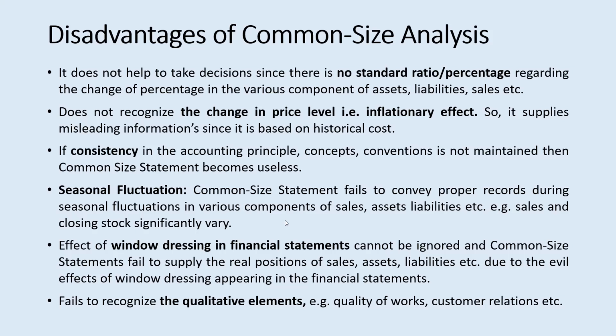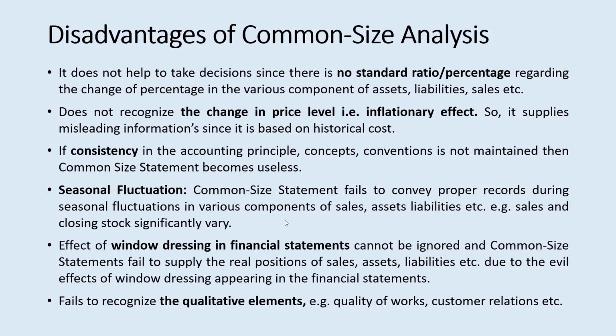We have 14 odd accounting concepts, starting from the entity concept, then the money measurement concept, the prudence concept, likewise. Then we have conventions as well. If these are not maintained, what will happen?